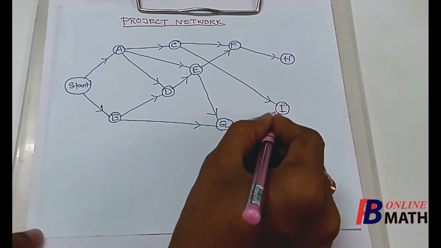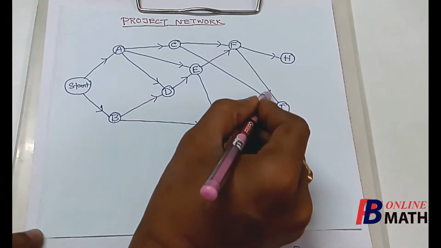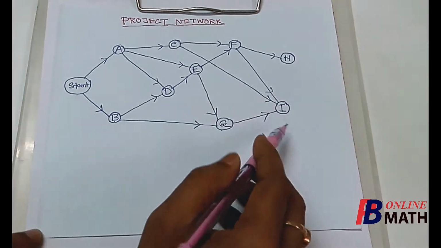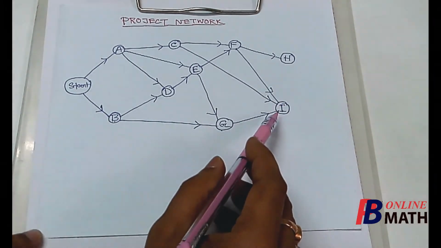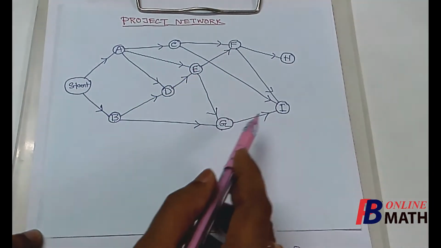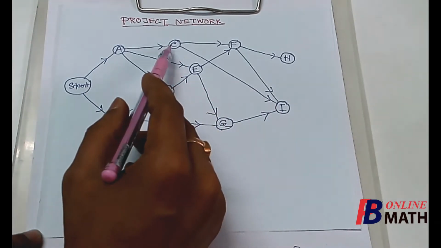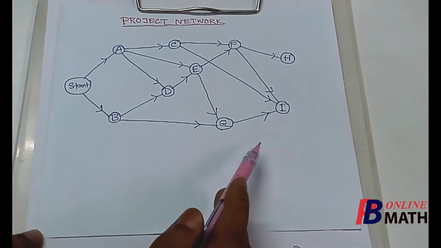We connect these two nodes by this arc, and also we connect these two nodes by this arc. So this is the last activity which has three immediate predecessors, C, F and G. So the activity I can be started only if the three activities C, F, G are completed.